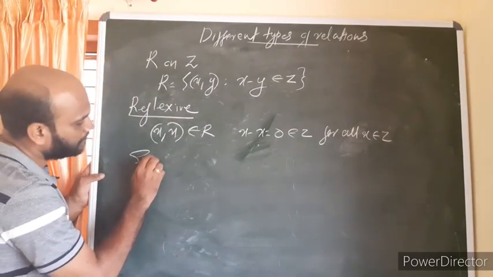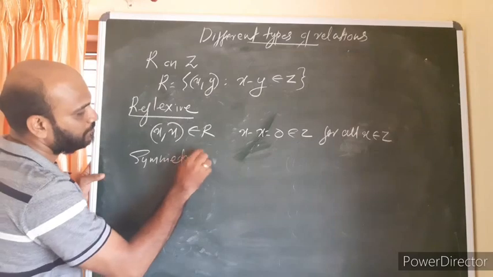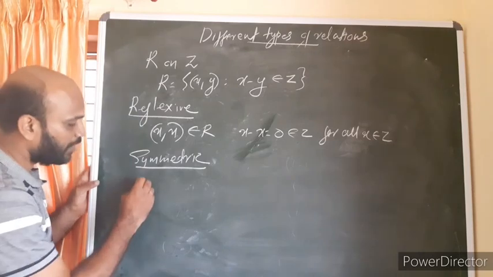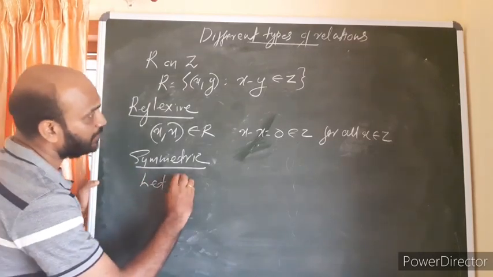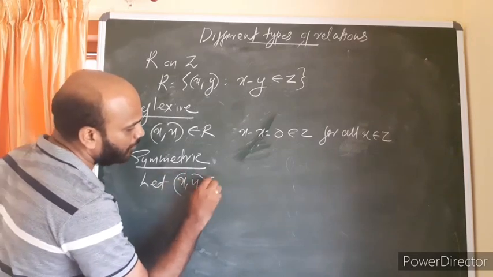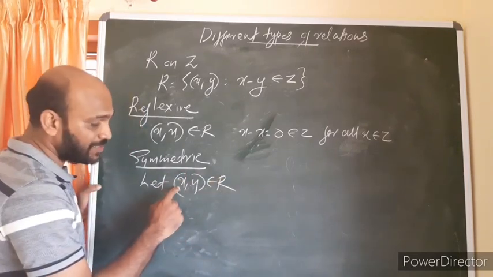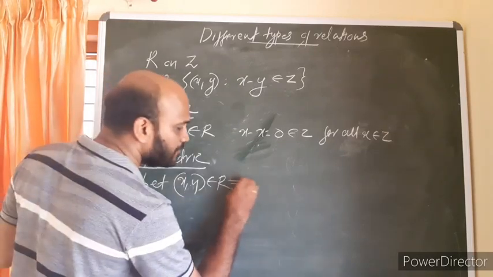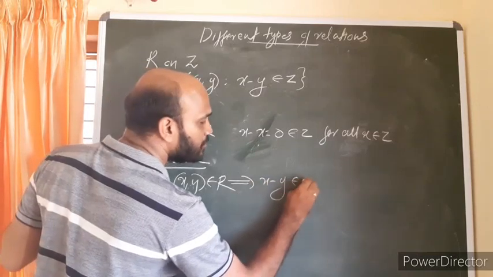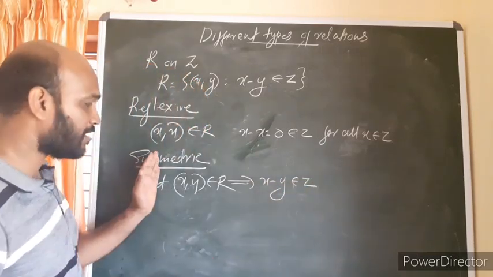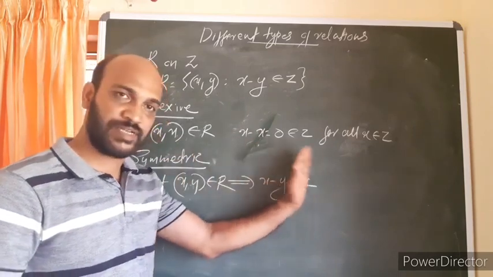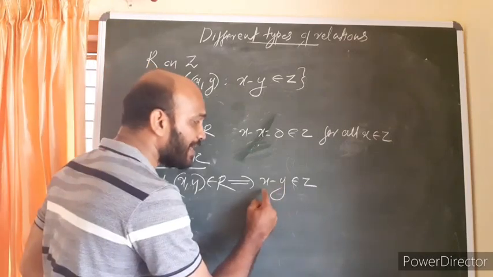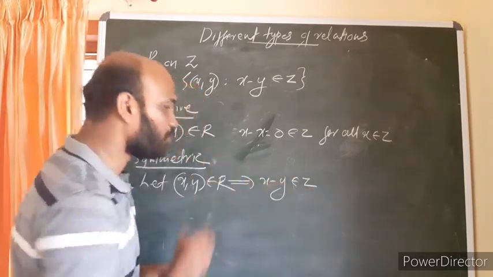Now the second one, symmetry. Symmetry means if (a,b) belongs to R, there should be (b,a). So you have to start with: let (x,y) belong to R. That means we are supposing that x is related to y, and you have to show that y is related to x. This implies x minus y belongs to Z. X is related to y if x minus y belongs to Z. We want to show that y is related to x. That means we have to show that y minus x belongs to Z. That we have to prove.